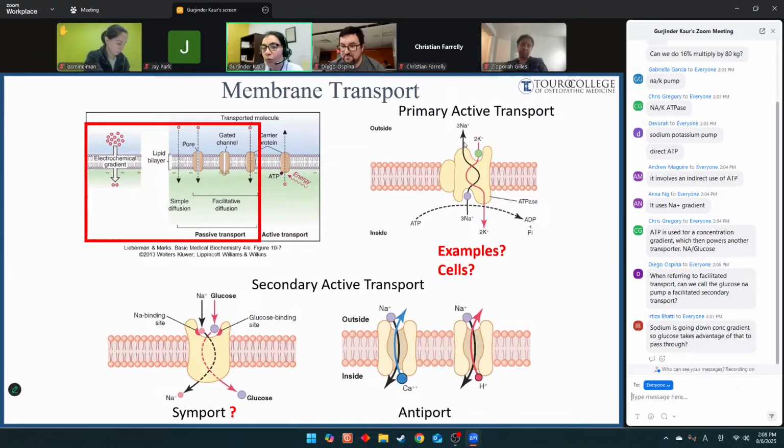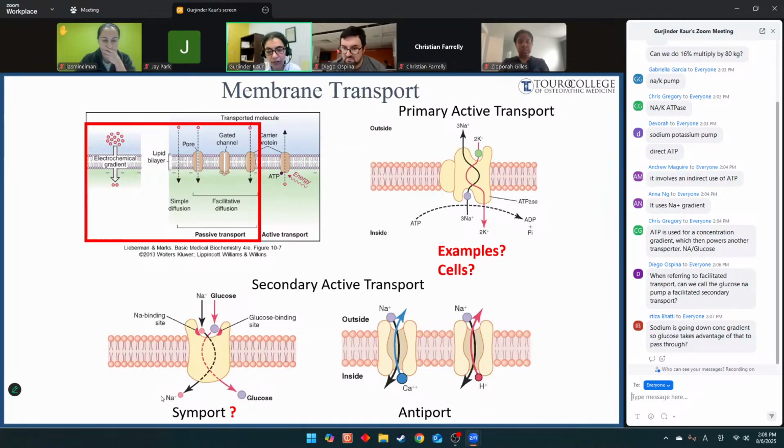I will talk more about it tomorrow, and you will see how this helps the resting membrane potential when we talk about the action potentials, right? So this is your primary active, which is building the sodium gradient outside and potassium gradient inside, right?